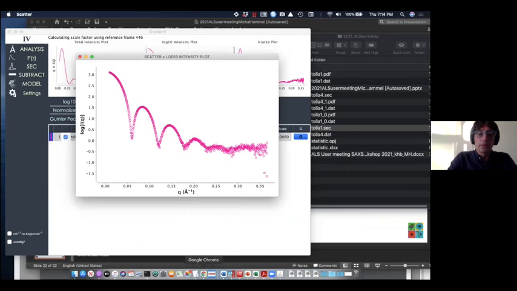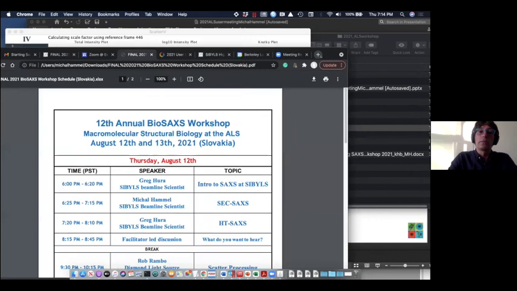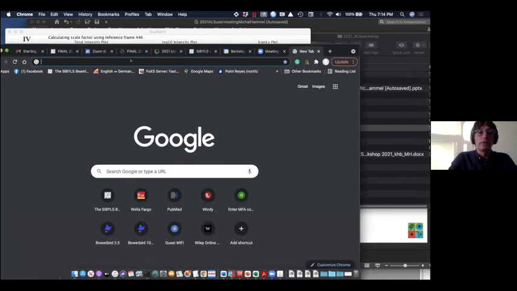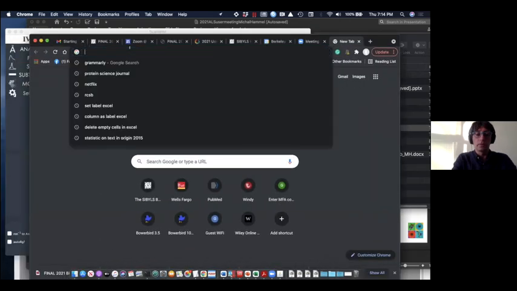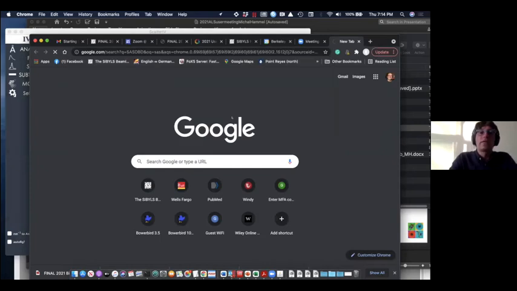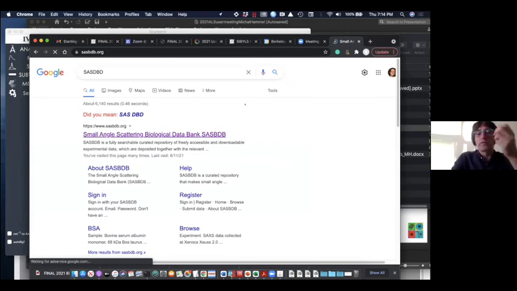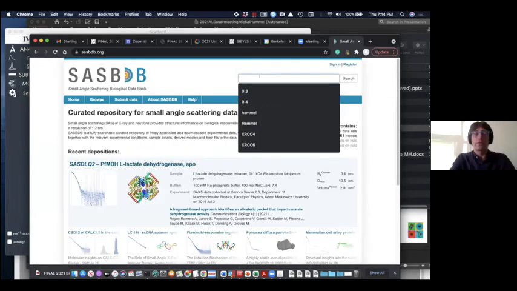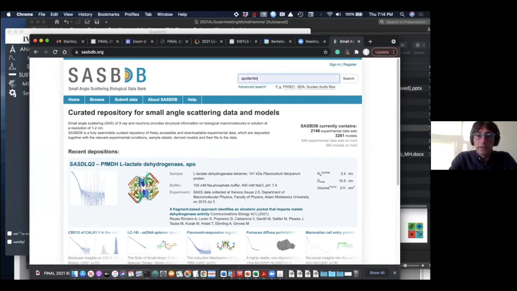And if you want to compare this apoferritin with the data that somebody already previously published, you can go to SIBYLS, and that's a deposit for a different SAXS data. We're still using it for our stuff too. Let's see if there's apoferritin.